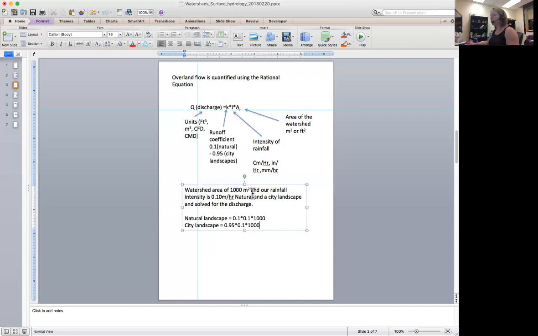And so if we think about the differences between these two values, that's a pretty significant difference. So we can say, okay, you can see that there's a heck of a lot more runoff happening in our city landscapes compared to our natural landscapes.